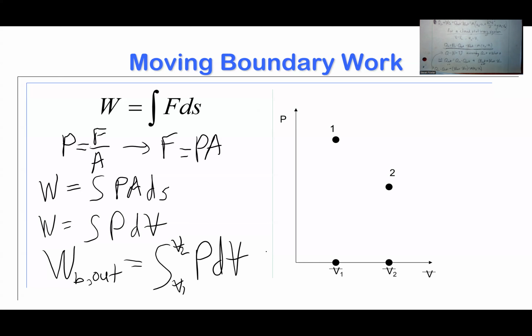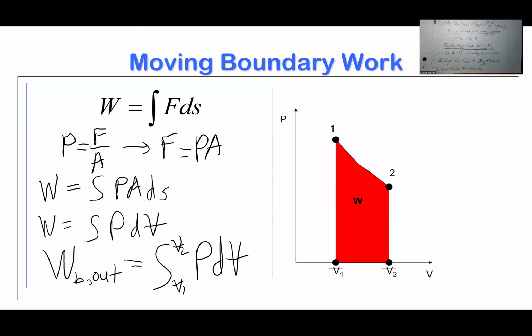So notice on this diagram here that if I start at some initial volume and I go to some final volume, in this case, I'm expanding. That means the system is pushing the surroundings out of its way to get from state one to state two. Notice this is path dependent, right?